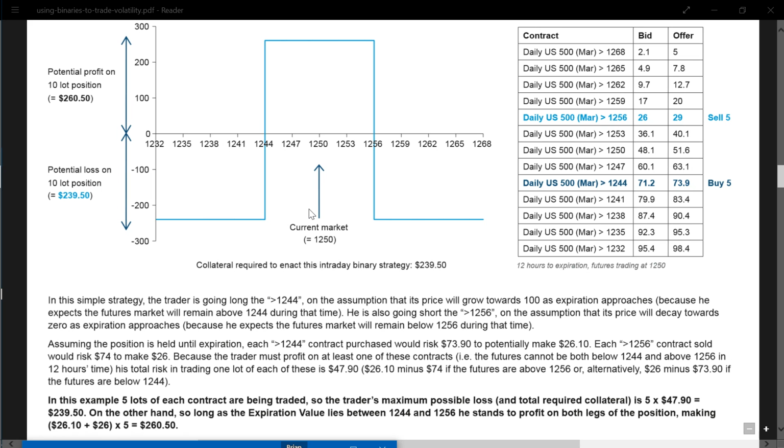I will be so glad when we can get CFDs. You just don't even know.